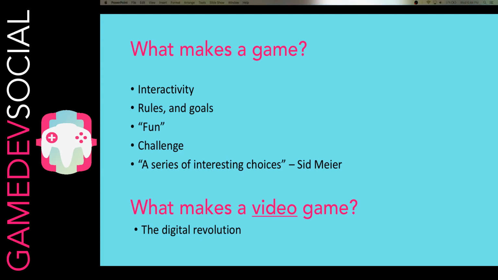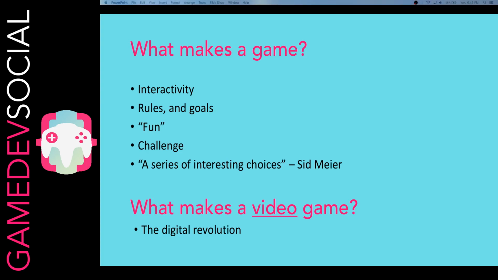This applies to video games or traditional games like chess. Hide and seek is like, what am I going to look for next? Then there's another level of interesting choice: where could this person be hiding? So that's according to our good friend Meier, and he's made some fun games, so he might know a thing or two about it.